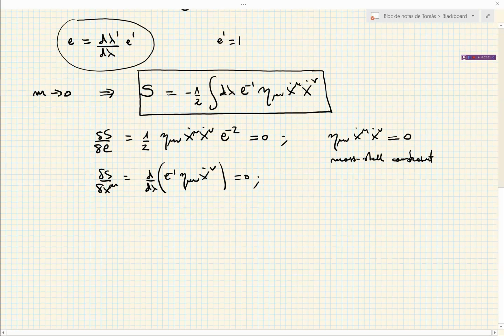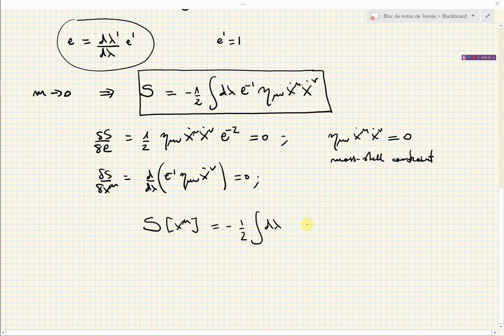However, if you do this in the action and you only write η_μν ẋ^μ ẋ^ν, you don't have the variable e anymore, so this constraint has to be imposed by hand because it doesn't follow from any equation of motion.